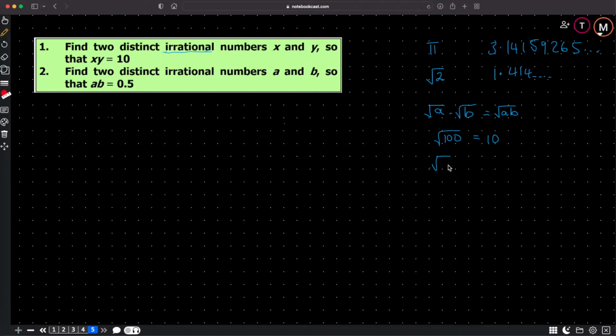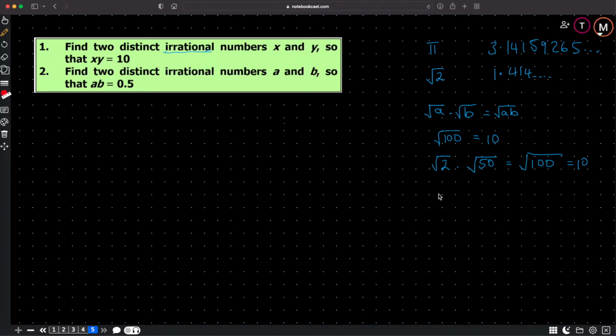We want the square root of something multiplied by the square root of something else equal to the square root of 100. And Jenny already is giving me 50, so the other one stands to reason. We would have the square root of 2 times the square root of 50. That would give us the square root of 100, which is equal to 10. And these are both irrational numbers.